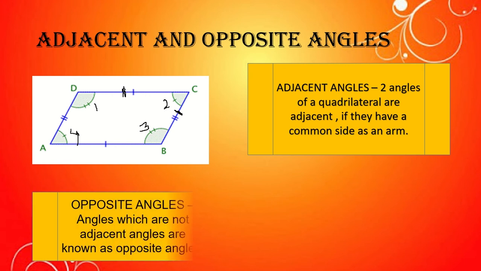Next, opposite angles. You can say angles which are not adjacent, or if there is no common side between the angles, they are known as opposite angles. As you can say, angle 2 and angle 4 are opposite to each other because they don't have any common side.